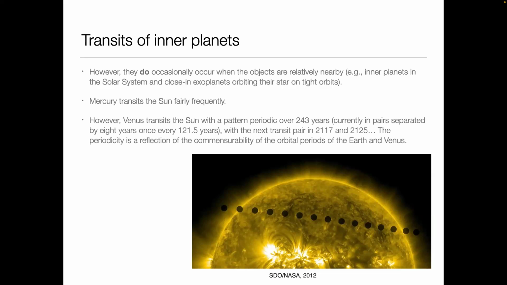The very first such transit was observed based on some very ambitious work of 2 very young British astronomers at the time, who redid the calculations of Kepler and predicted that the 1639 transit would occur, and went on and actually observed it, which was a very important time in the history of astronomy.